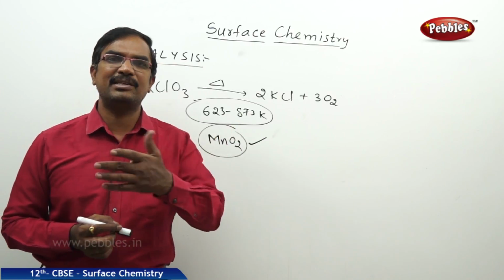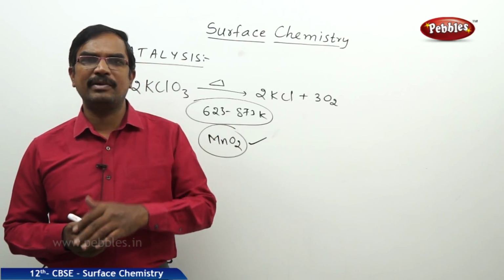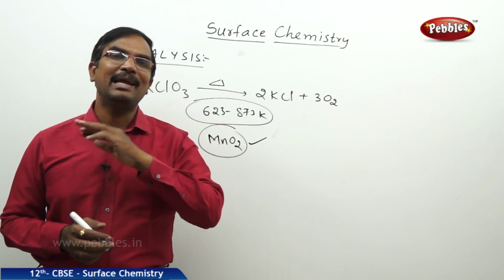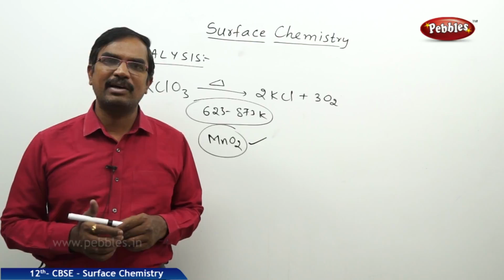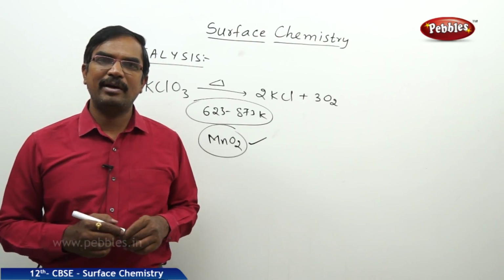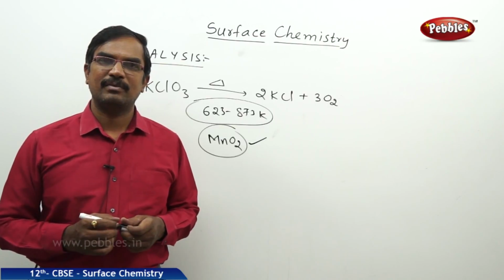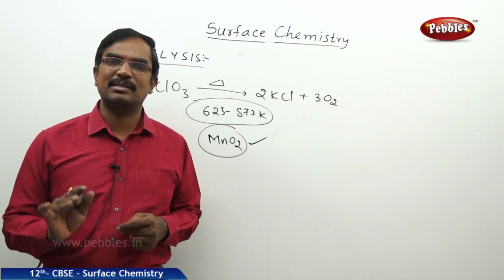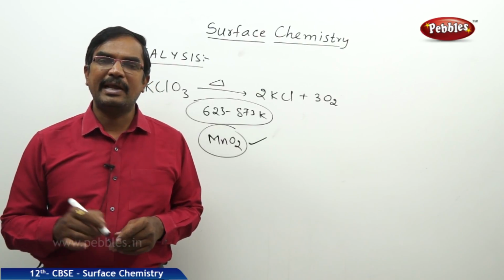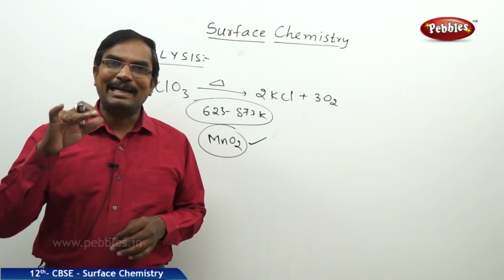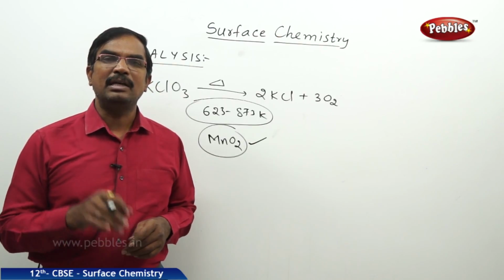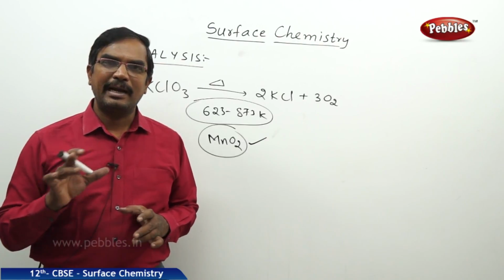Of course, we have some cases where, in the presence of certain substances, the rate of reaction is decreased. So a catalyst can be a positive catalyst or a negative catalyst. A positive catalyst always enhances the rate of the reaction, and a negative catalyst generally retards or decreases the rate of a chemical reaction. That's why they are called negative catalysts.